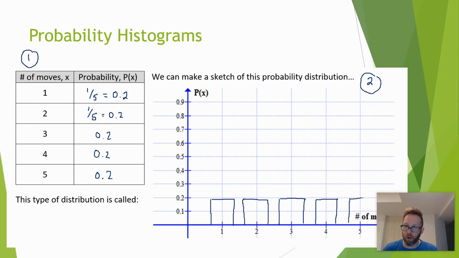So it's a very simple probability distribution. All the probabilities are equal. In fact, a distribution like this, where all the probabilities are equal or the same, has its own special name. It's called a uniform distribution.